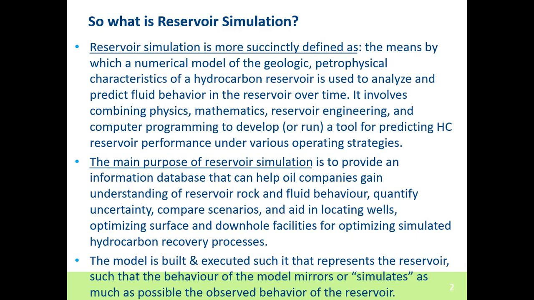So a model of the reservoir is built and executed such that it tends to replicate the behavior of the reservoir, it mirrors it, and that's why we use the term simulation. It mirrors the observed behavior, dependent on the data available and the maturity of the reservoir system.